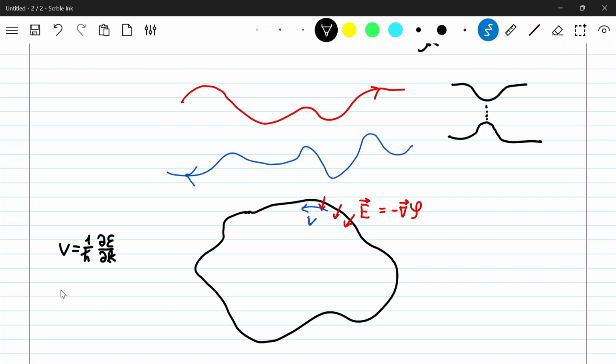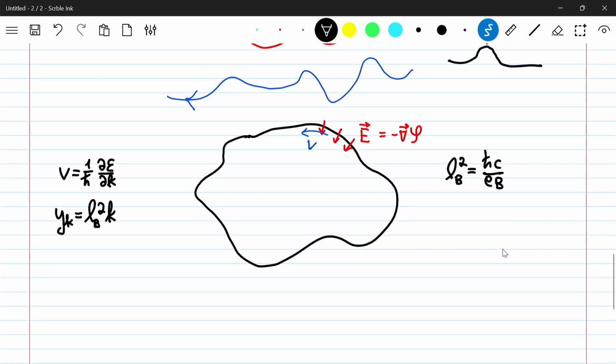But I remind you that this momentum is always related to a guiding center coordinate via multiplication by LB square, where LB square is h bar c over eB. It's related to the magnetic field up to universal constants.